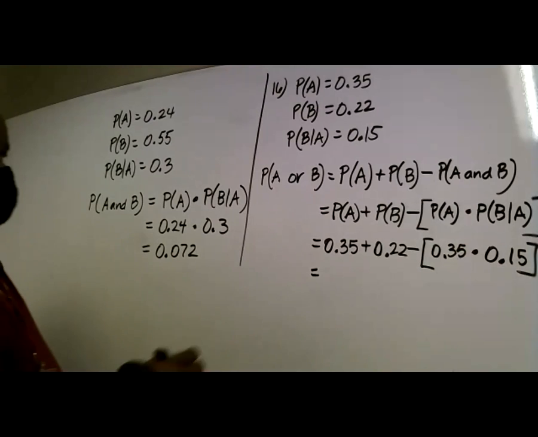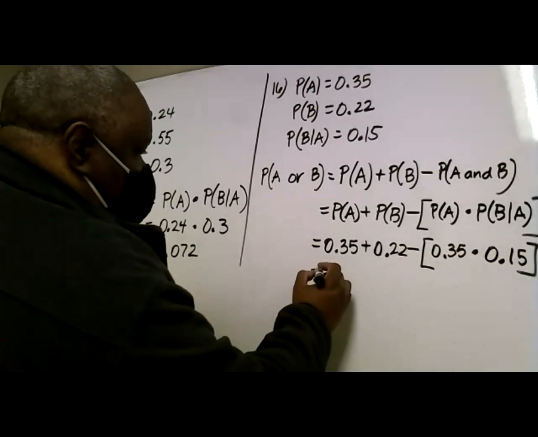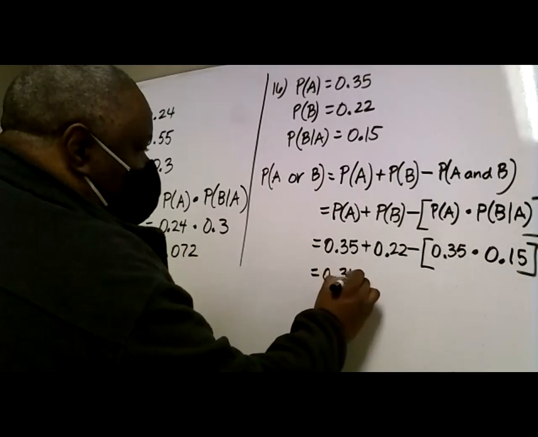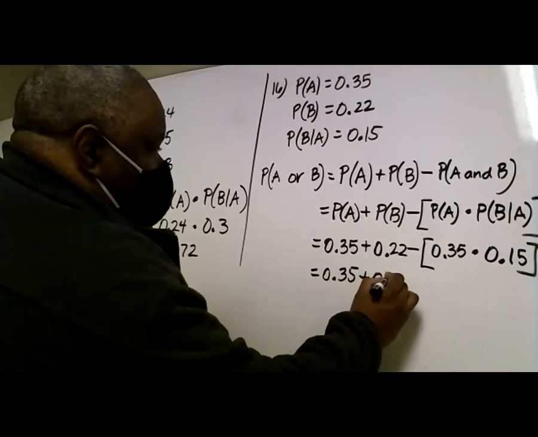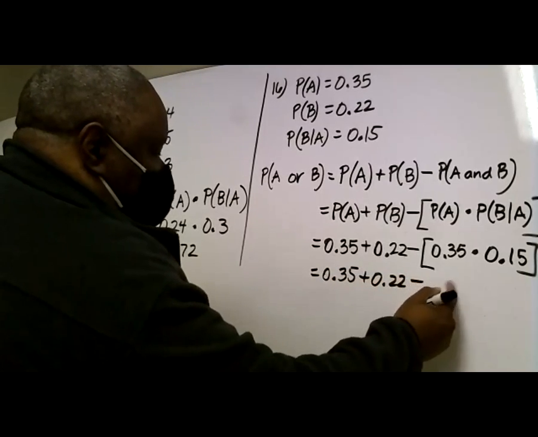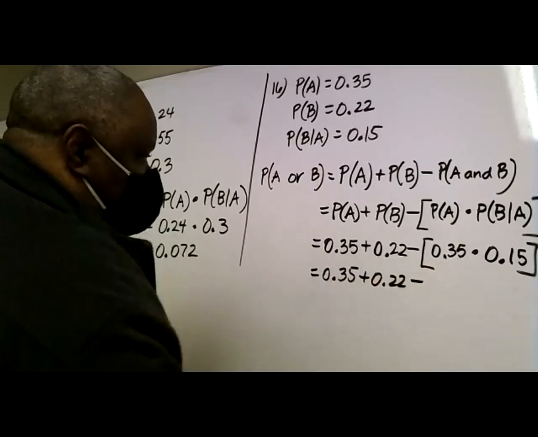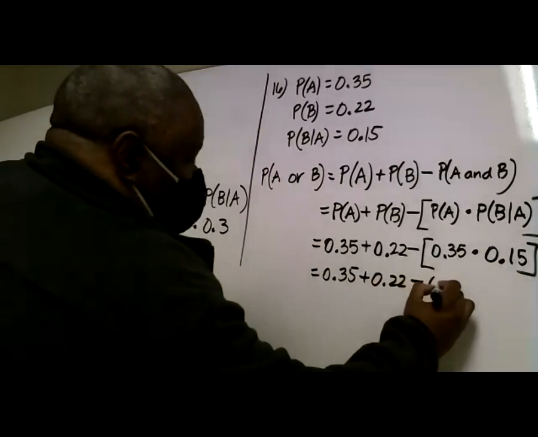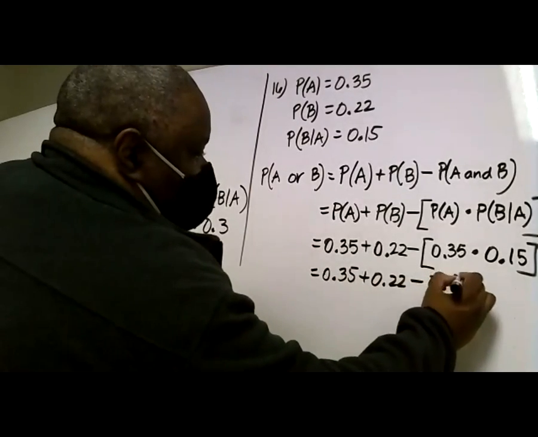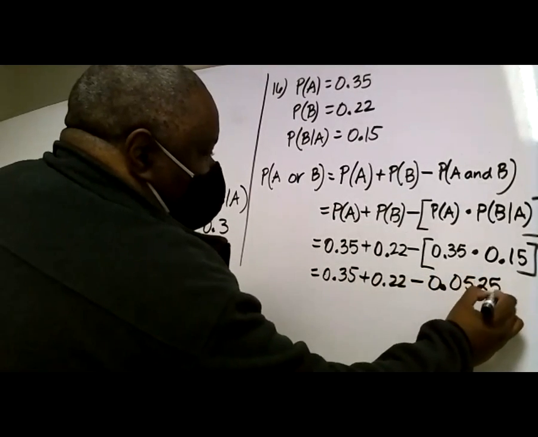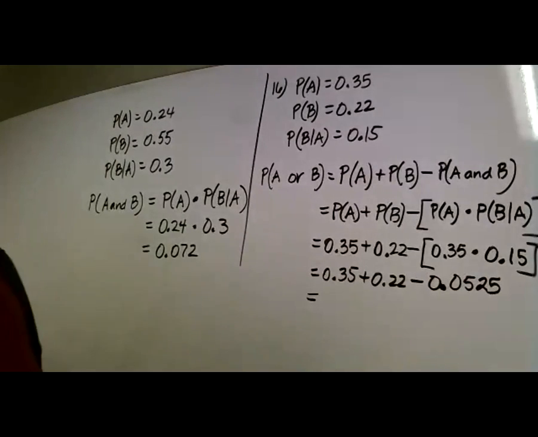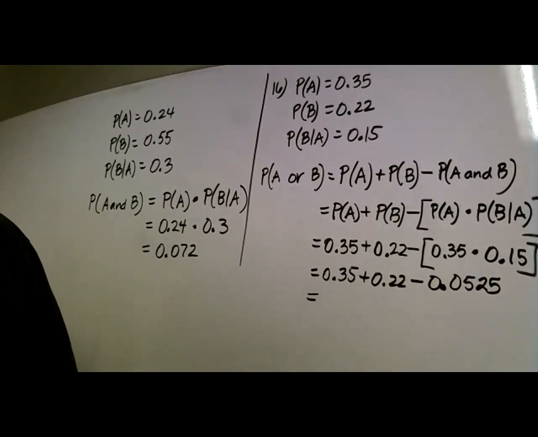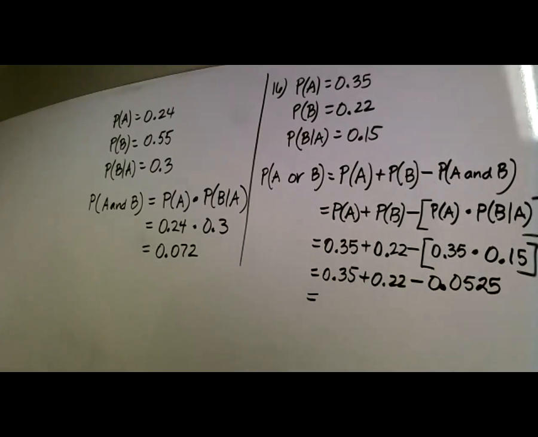Okay. I'm going to work inside the bracket here. Bring this down, and that's minus 0.35 times 0.15. 0.0525. Then I'm going to do 0.35 plus 0.22 minus 0.0525.